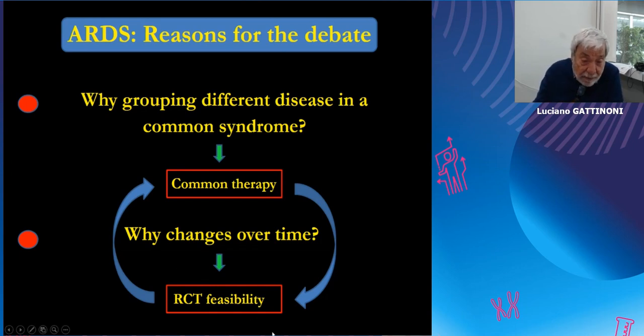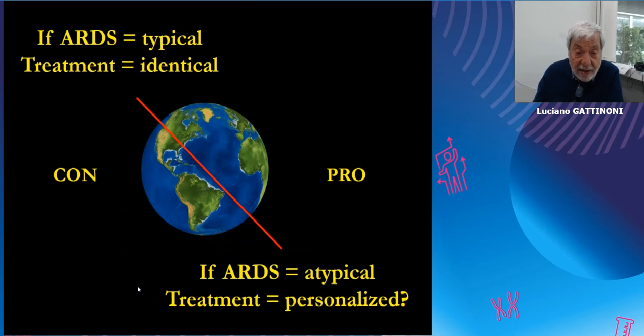And this was done for one simple reason, to allow the conduction of a randomized controlled trial, because if not, the enrollment was too low. This is the only reason for grouping. It was a good reason, and overall, ARDS was our syndrome because intensive care can proceed with the ARDS evolution.